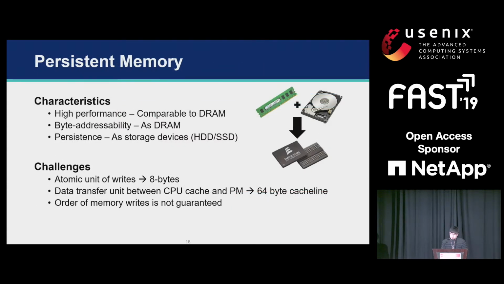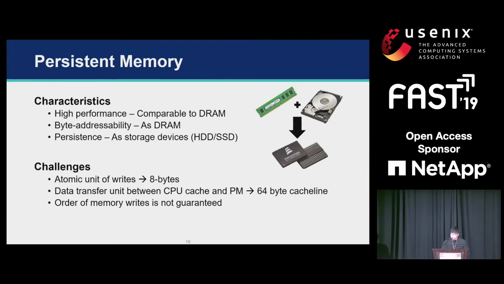Now, persistent memory is expected to be fast and byte-addressable as in DRAM. And it is durable as a hard disk drive or solid-state drive, which makes it an attractive device for both main memory and storage. The motivation of this work is to design extendible hashing for persistent memory. When designing a data structure for persistent memory, there are some challenges.